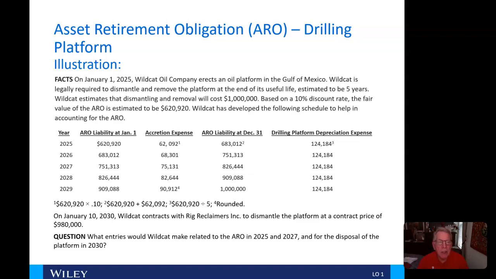Based on a 10% discount rate, the fair value of the ARO is estimated to be $620,920.